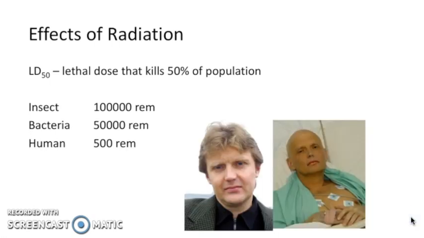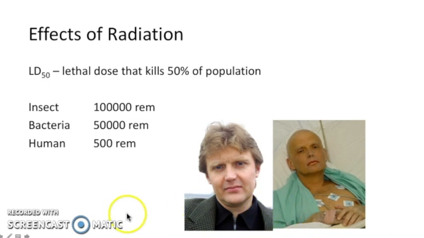So this is a guy named Alexander Litvinenko, who was a Russian spy. We assume that he was assassinated by the Russian government. This is him when he was healthy, and him after he had been poisoned by polonium-210 in his tea. So he had a lethal dose of the polonium, and it was inside his body, and there was nothing they could do to save him. So he ended up dying.